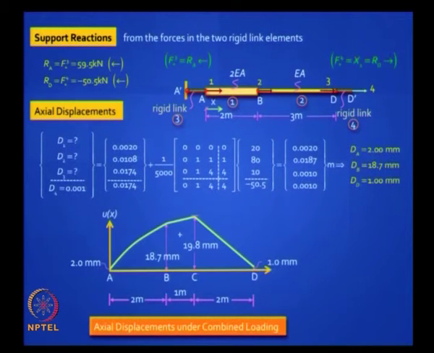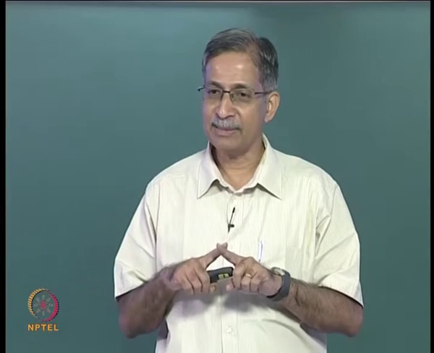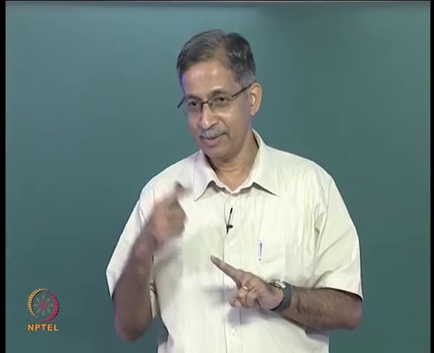You can find the support reactions also, find the axial displacements and get your final solution. Is it clear? So we have completed 1D structures, space frames, we have done conventional stiffness method, reduced element stiffness method and flexibility method.